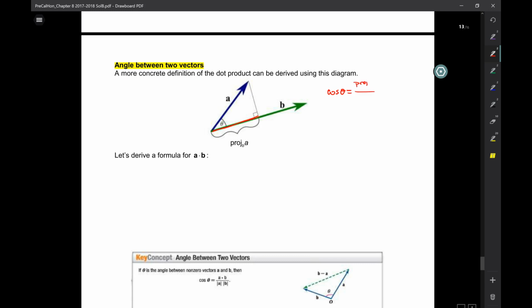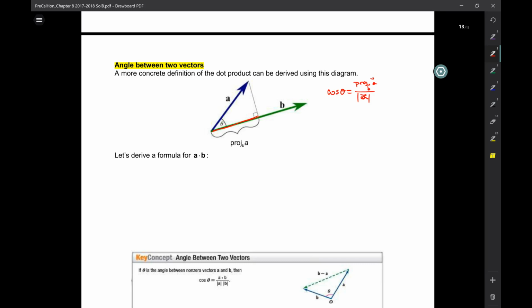It's the projection of A onto B over A. So what does that mean? It's the projection of B onto A. Oh, sorry. It's A onto B. It's this way.